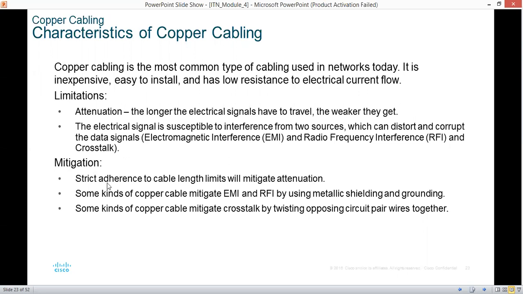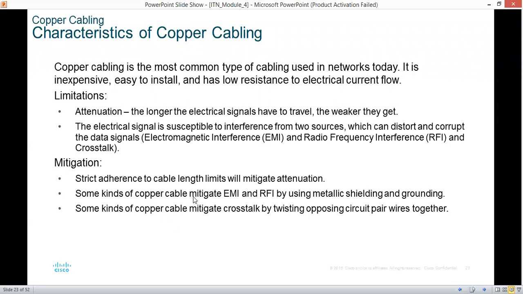Then mitigation: strict adherence to cable length limits will mitigate attenuation. There is need to adhere to the cable limit so that you can avoid attenuation. Like we said, within the range of 70 to 100 meters, you should terminate at a new switch, as the case may be, and then run it up from there.